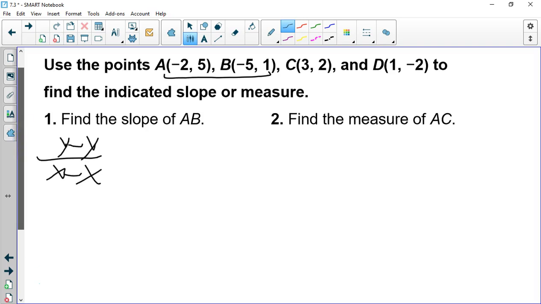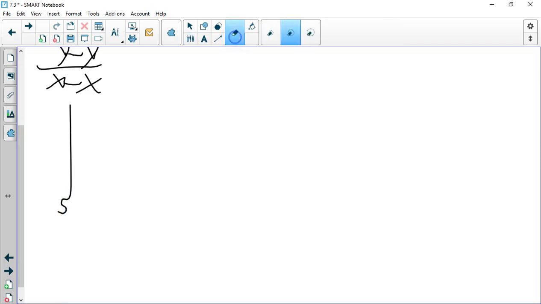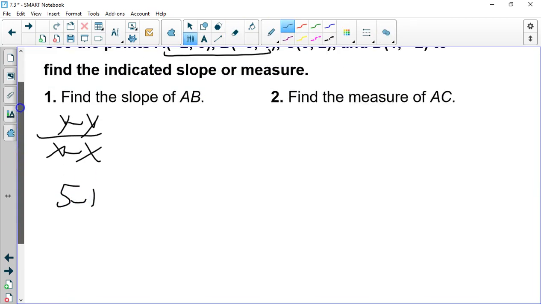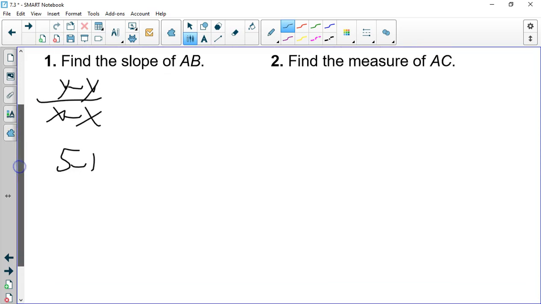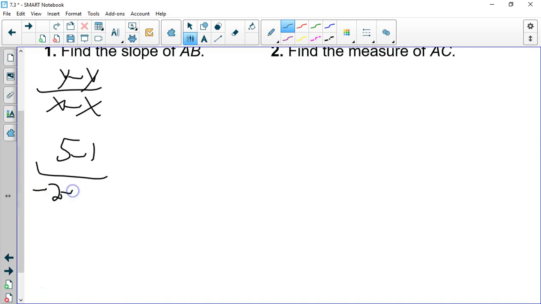So we're going to say y minus y, 5 minus 1, over negative 2 minus a negative 5. So 5 minus 1 is 4, and negative 2 plus 5 is 3. So my slope is 4/3.